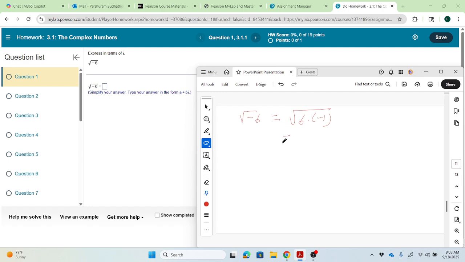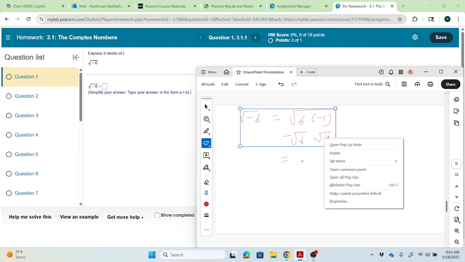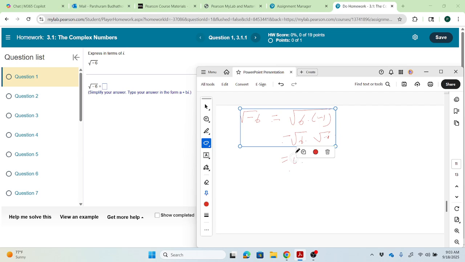So that is square root of 6 times square root of -1. Square root of 6 is a real number, and square root of -1 is i.